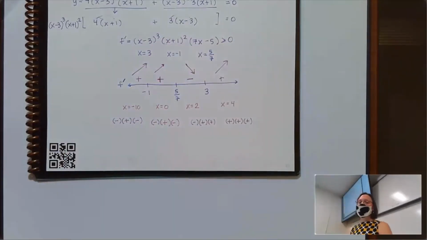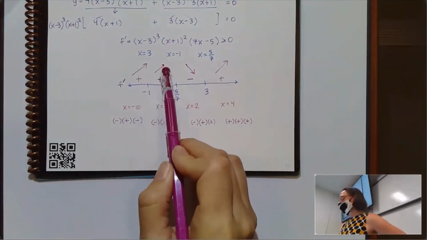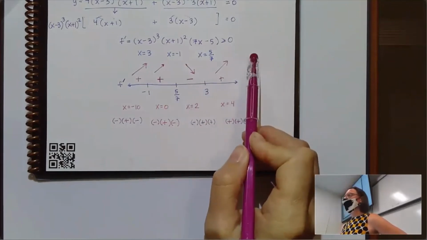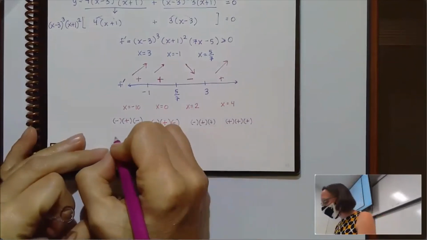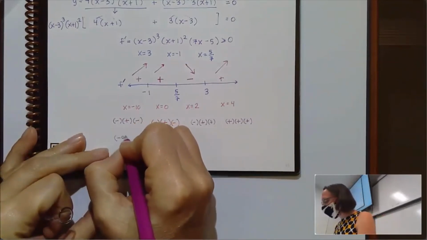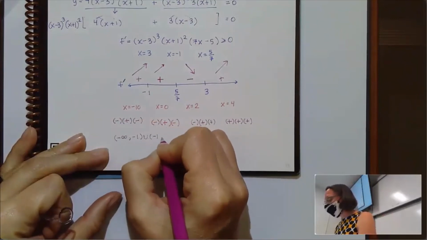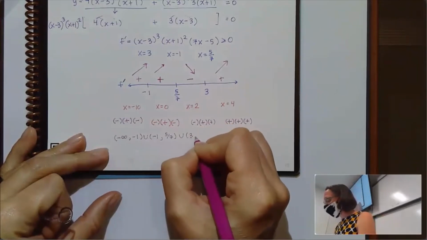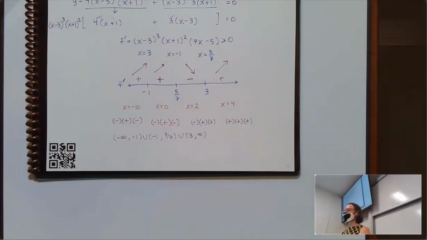So if I think about this in terms of roller coasterology, I was going up and then I kept going up. And then I was coming down and then I was going up again. In terms of the intervals where we're increasing, I'm looking at negative infinity to negative 1. Punch a hole out at negative 1 because at negative 1, technically we're not increasing, the slope is 0.